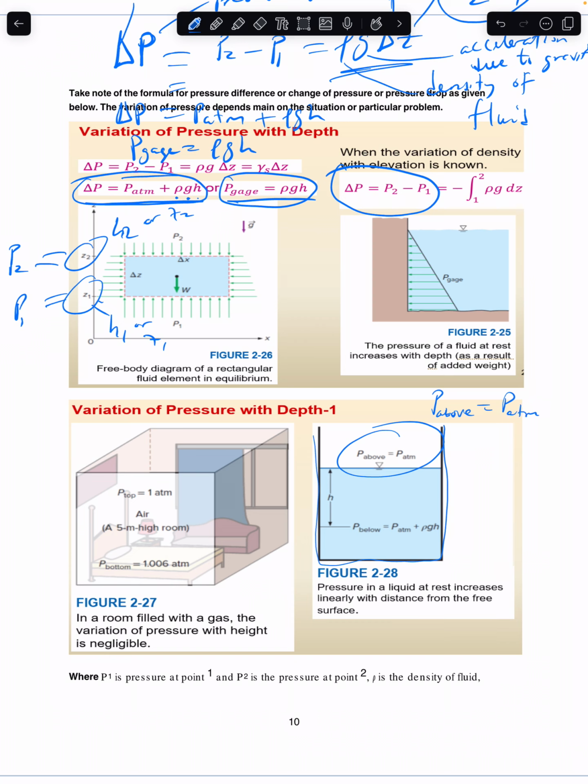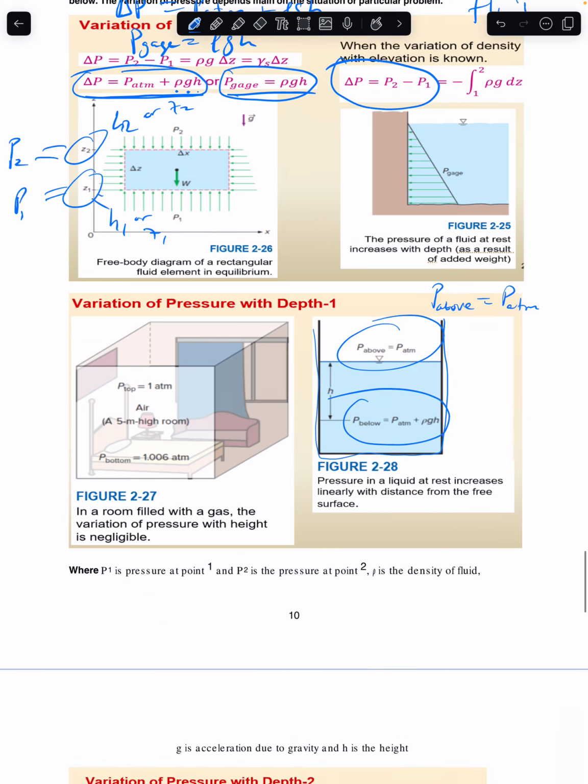So at the top of water, we will call it the atmospheric pressure. At the bottom of water, the pressure variation will become what? Atmospheric pressure plus density of water times G times H. So you can see that pressure variation above water and below water is different. That's what you have to pay attention to.